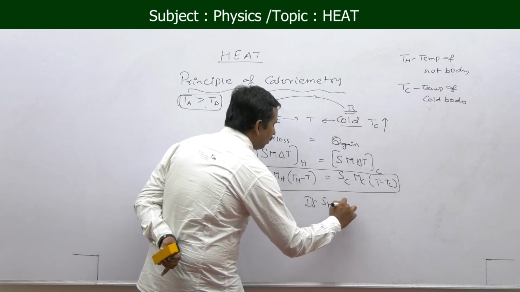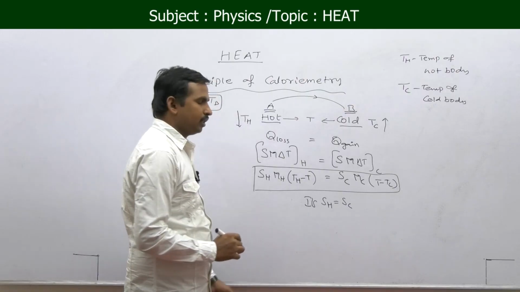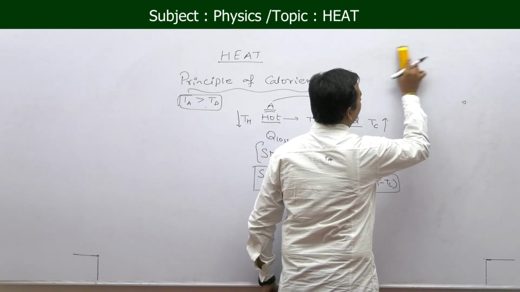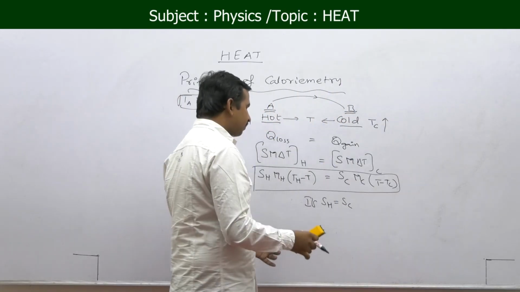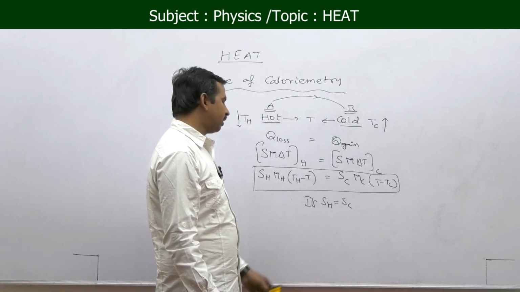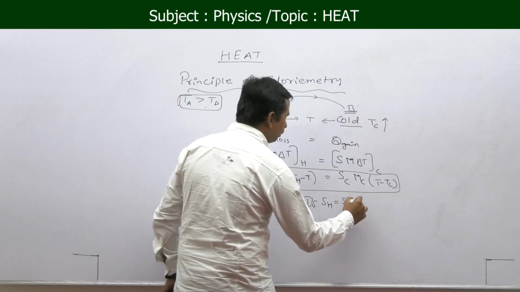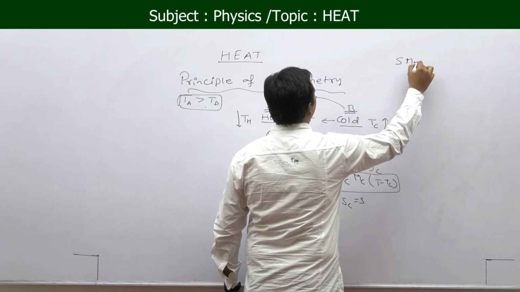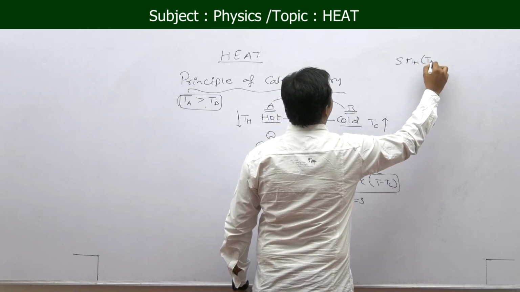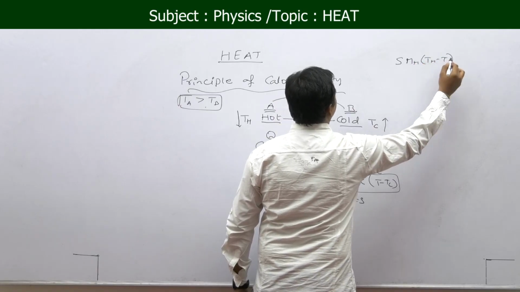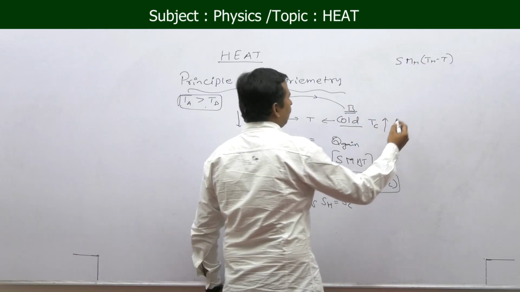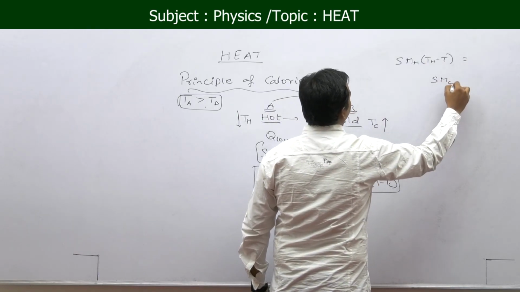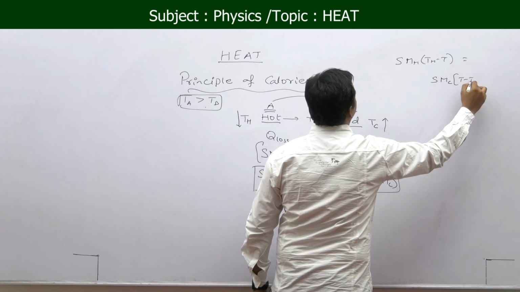if SH is equal to SC, then the specific heat of the hot body is equal to the specific heat of the cold body. Then let us say both are equal to S. Then S into mH into delta T, which is TH minus T, okay, is equal to specific heat S times the mass of the cold body into T minus TC.